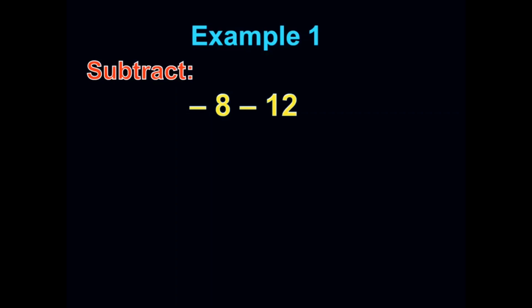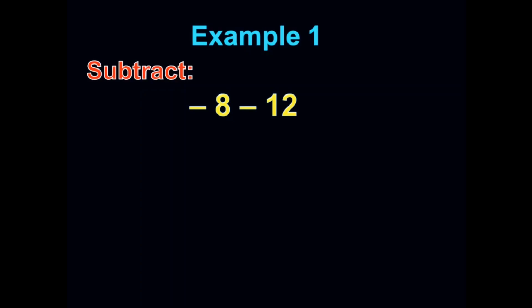So, let's take example 1. We need to subtract negative 8 minus 12. Before we proceed, we need to identify first the minuend and the subtrahend. The first number here, which is negative 8, is our minuend, and the second number, which is 12, is the subtrahend. This time, we are ready to apply the rule.